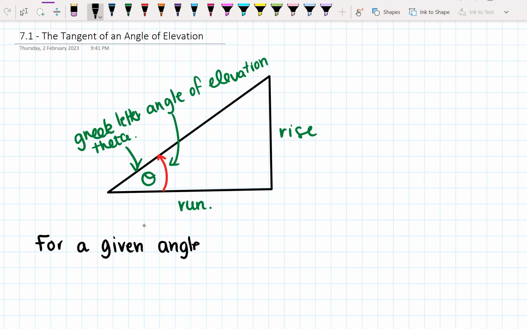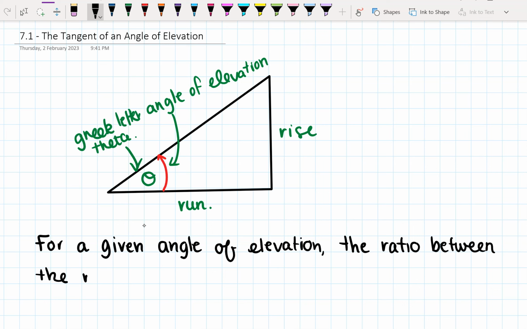Now for any given angle of elevation, the ratio between the rise and run will stay the same.